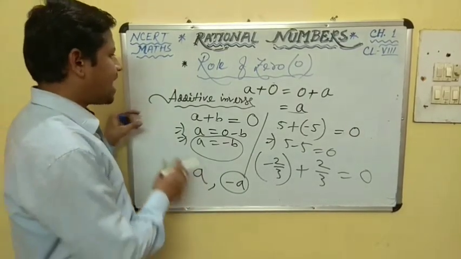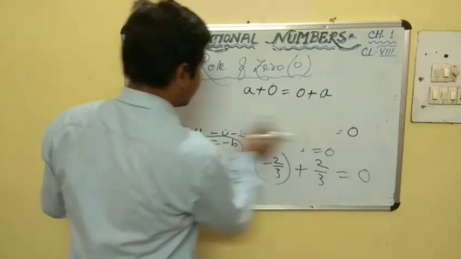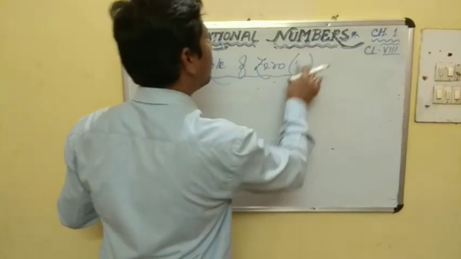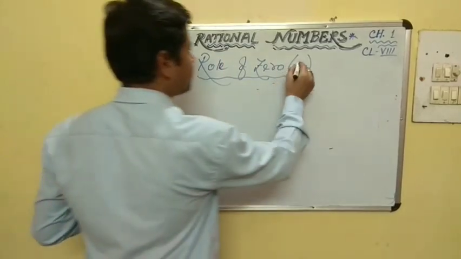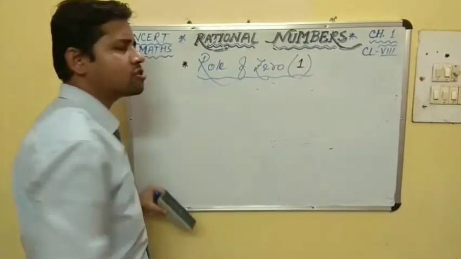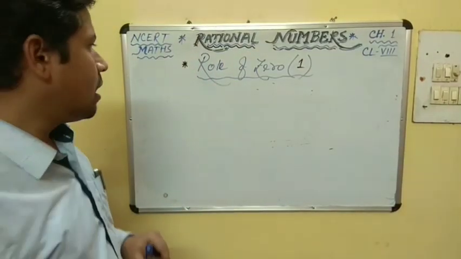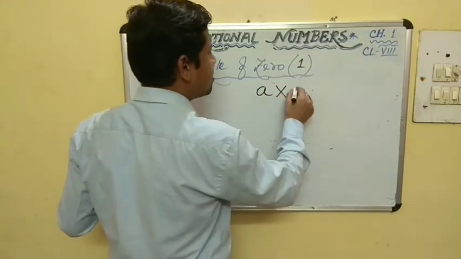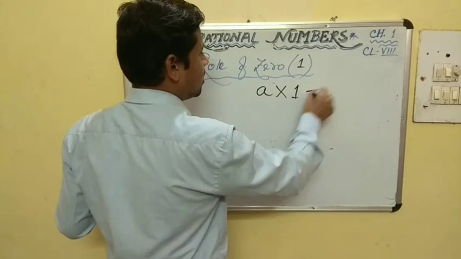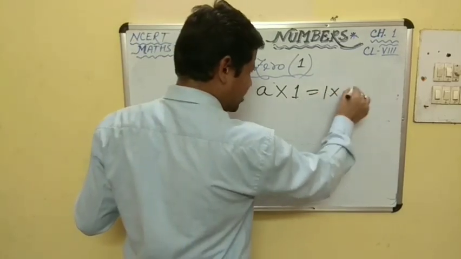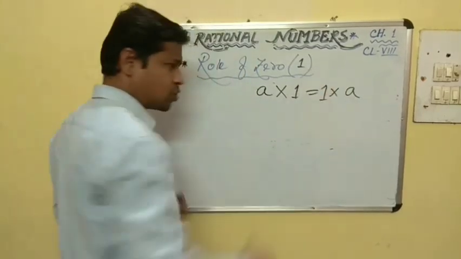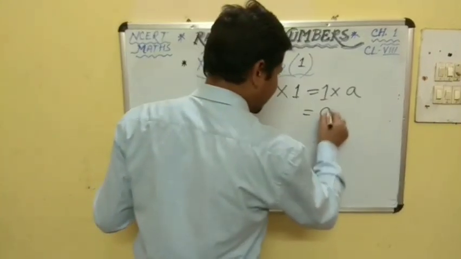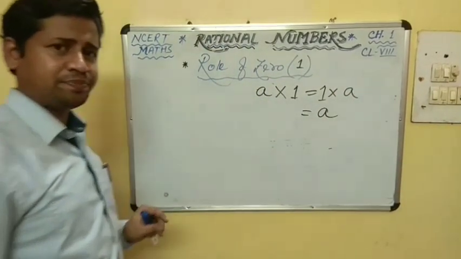And after that, we will learn about the role of 1. What is the role of 1 here in case of rational numbers? If any rational number is multiplied by 1, we see that the result is also unchanged.